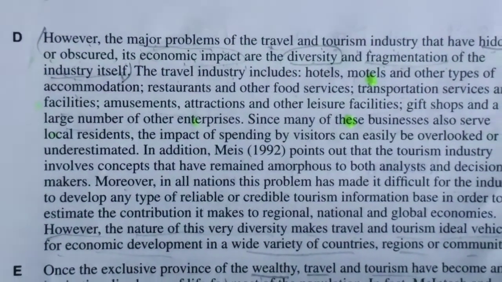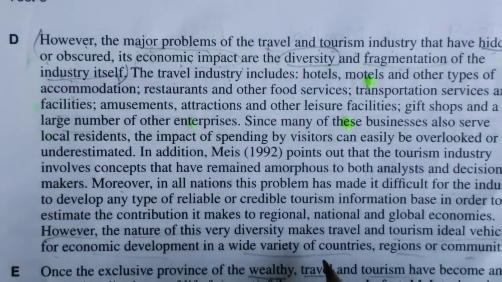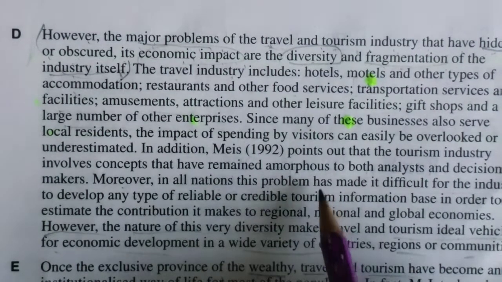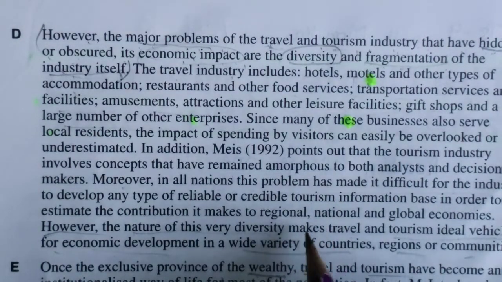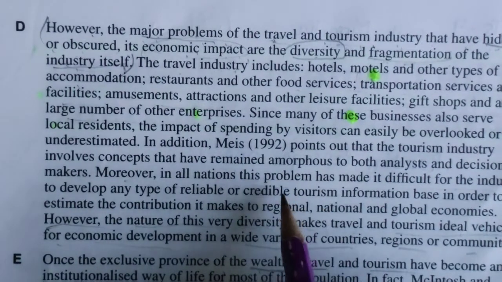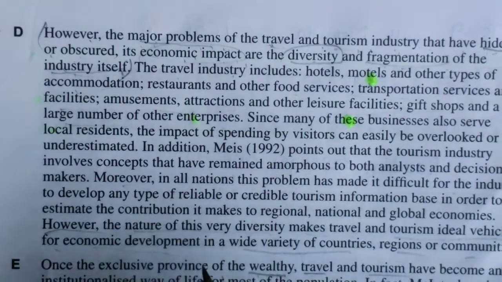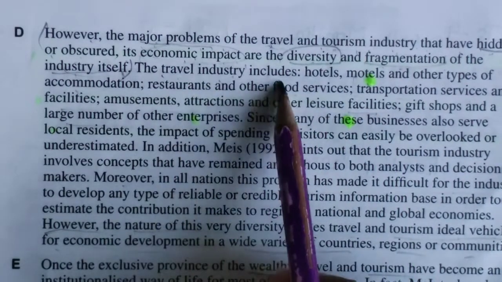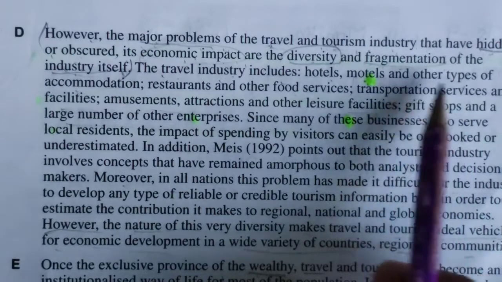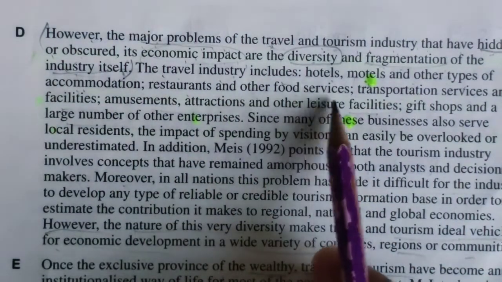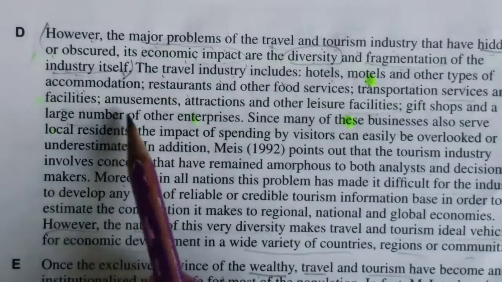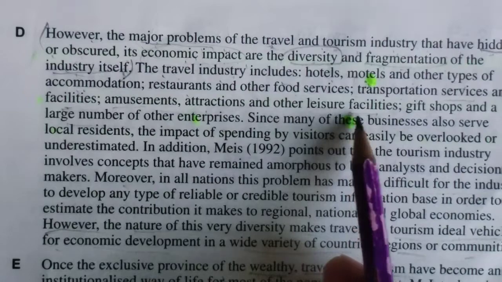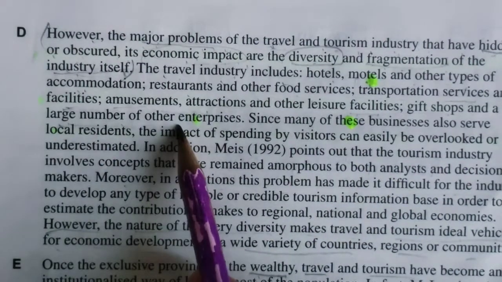So there is an advantage of doing list of headings first in attempting this reading passage. So you can just go through all the passage, all the paragraphs. So here they are talking about the travel industry includes hotels, motels and other types of accommodation, restaurants and other food services, transportation services and facilities like amusement, attractions and other leisure facilities, gift shops and a large number of other enterprises.